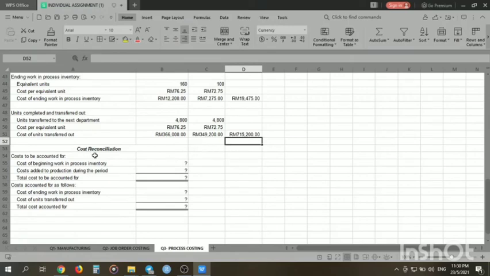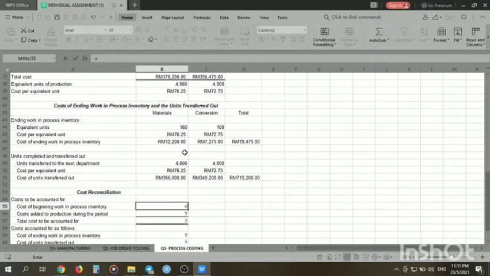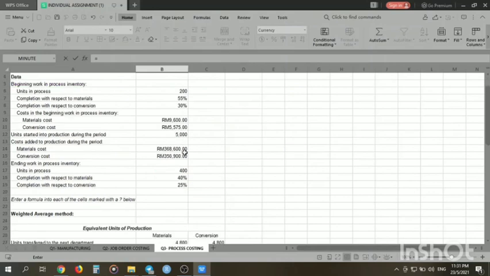Alright, for cost reconciliation, cost to be accounted for. First, cost of beginning work in process inventory. The amount of materials and conversion, we just add to get one amount.